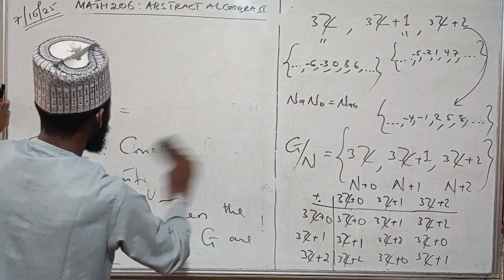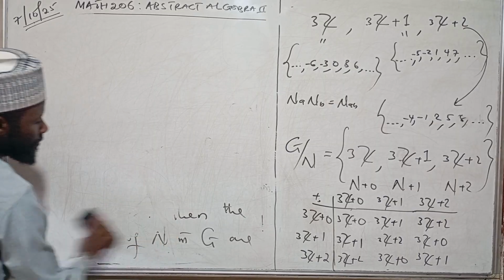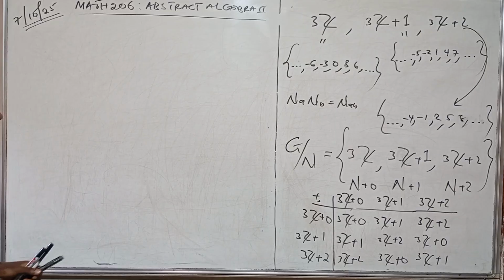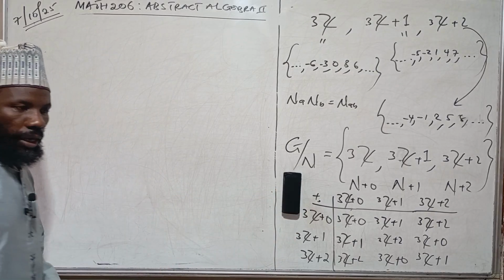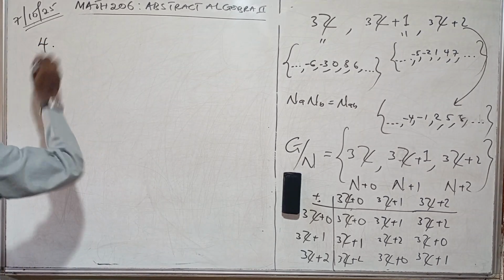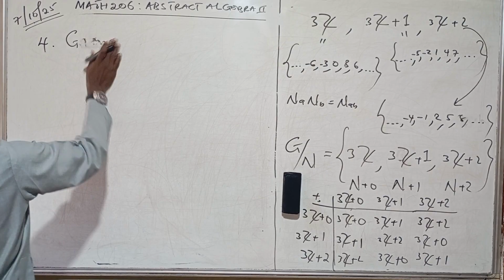So that is what we wanted to achieve studying normal subgroups. But now we talk about a very important concept in group theory, in fact, in the whole of abstract algebra in general, and that will be the concept of homomorphism. So we say group homomorphism.